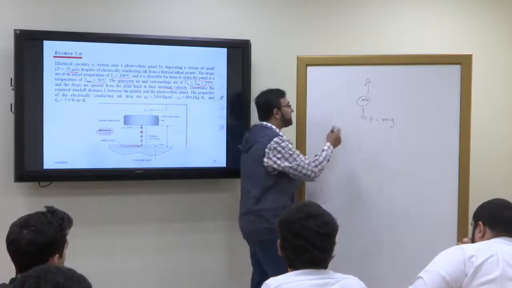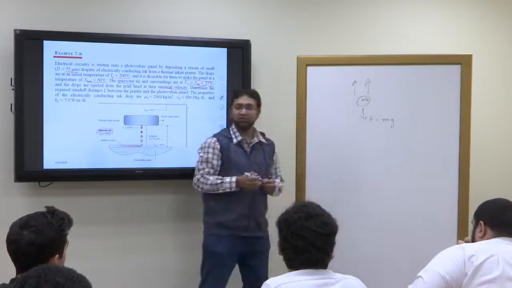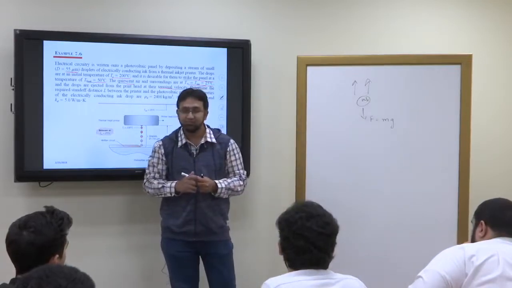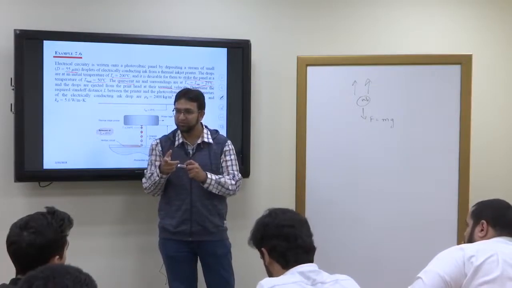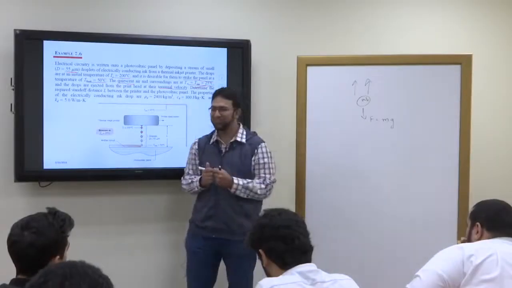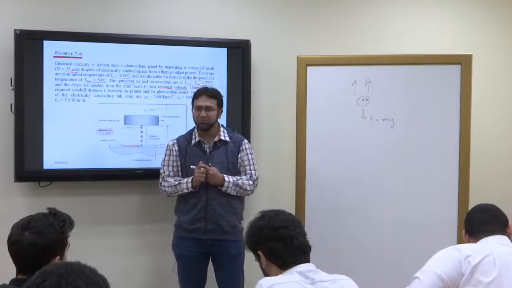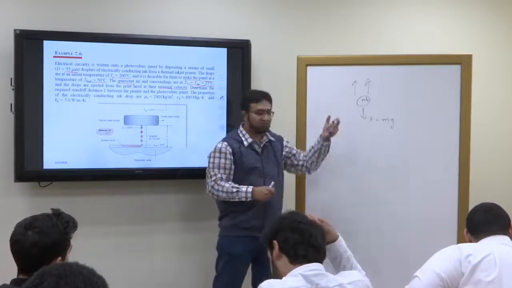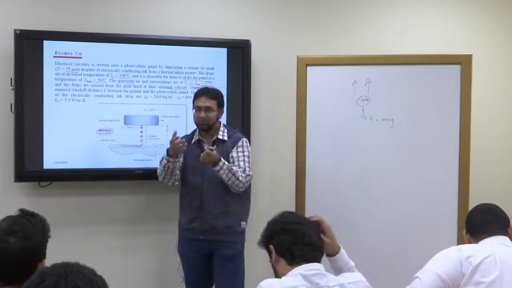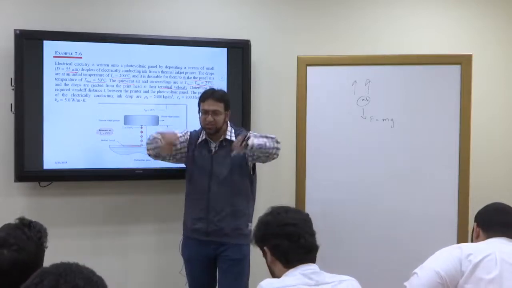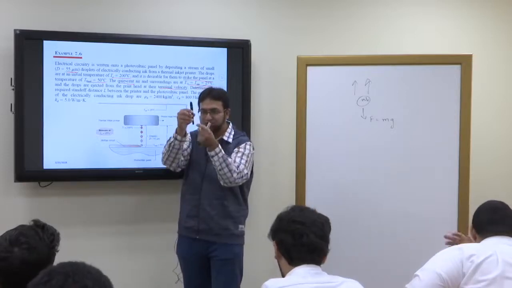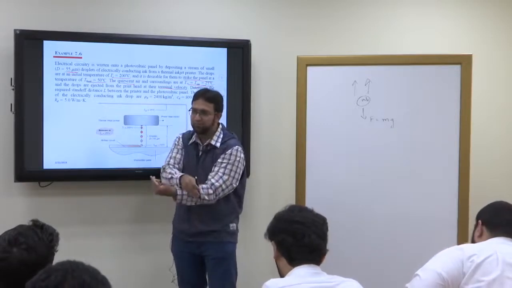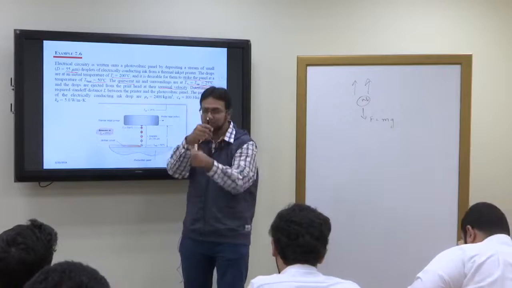And then you have a force of buoyancy. Now what is the force of buoyancy? I'm sure you have covered the topic of buoyancy, right? The buoyancy force acts because when the droplet is falling, it cannot fall unless it displaces some of the air below.